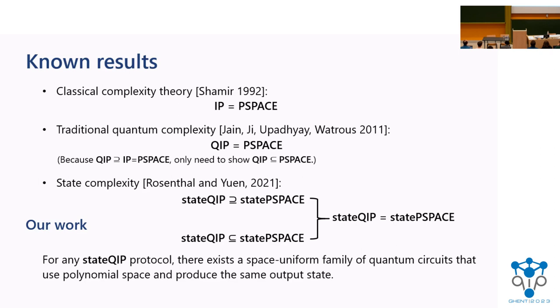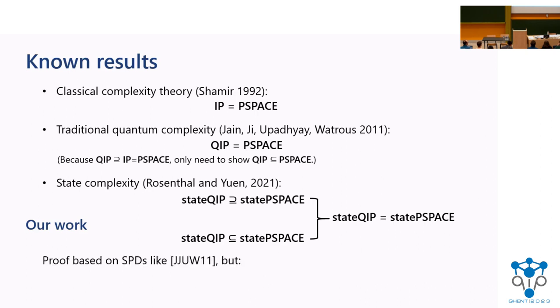Okay, so since this is the state complexity analog of QIP contained in PSPACE, the natural thing is to look at this proof and see whether it somehow generalizes to the state complexity setting. And it does to some extent, at least the high-level idea does. At a very high level, what this proof up here does is it takes a quantum interactive protocol and rewrites it as a particular SDP, with the property that the optimal value of that SDP indicates the acceptance probability of a prover in the quantum interactive protocol.